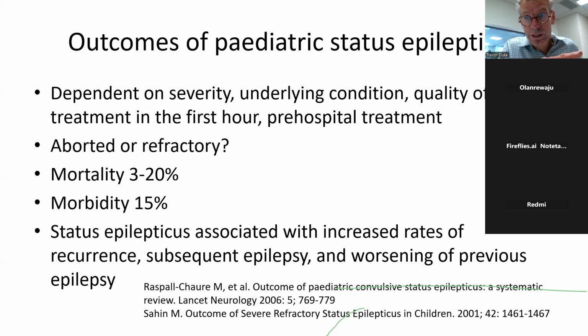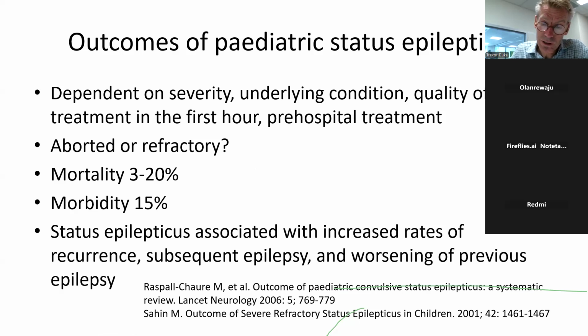For children who recover from status epilepticus, if they go on to develop epilepsy, then they're likely to have recurrent status epilepticus, or sometimes a worsening of their previous epilepsy. But the key thing is that the quality of treatment in the first hour is really crucial to the outcomes for these children.